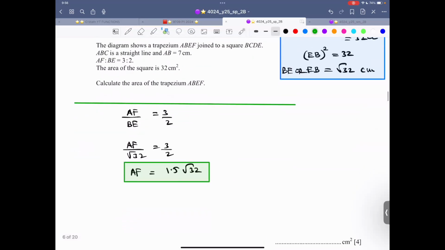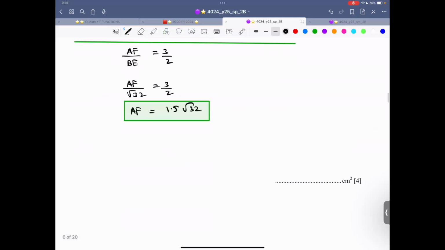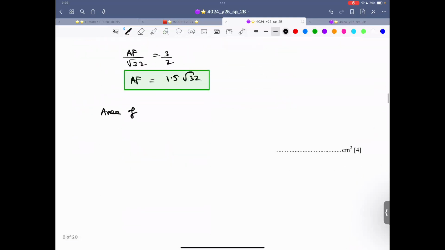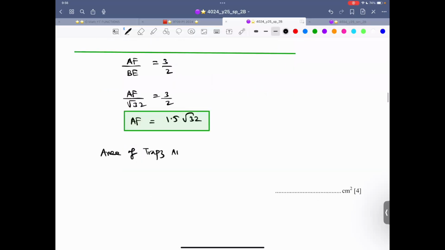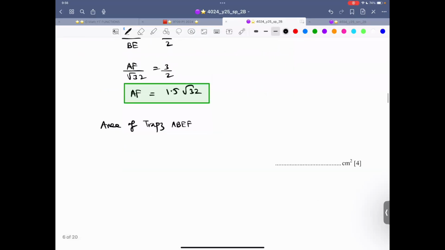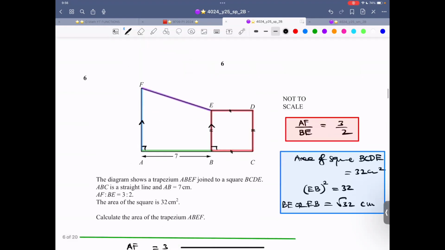Now, we have all these things. For the area, are they asking for the area of the trapezium? That is the area of trapezium ABEF. That is half the sum of parallel sides, multiplied with height. So AF is 1.5 root 32.